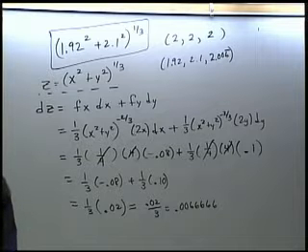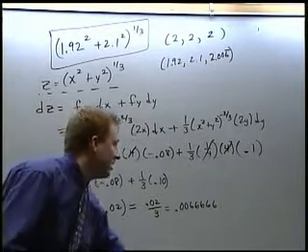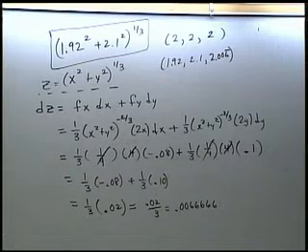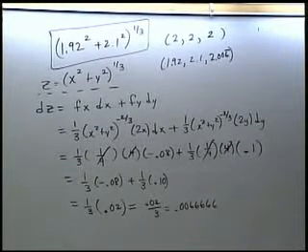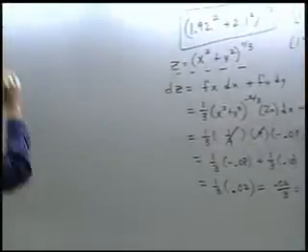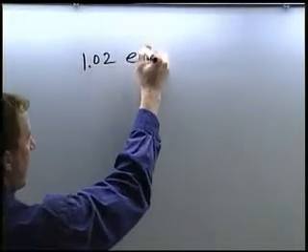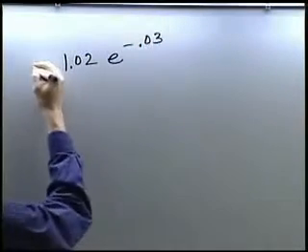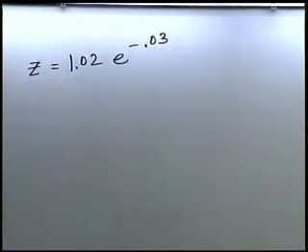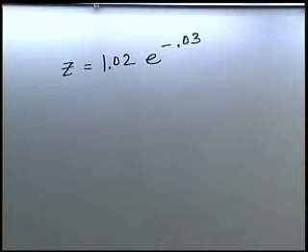Next example here. This one will actually be a little bit easier than the one we just did. What if we look at estimating the value of 1.02 e to the minus 0.03? Maybe I should have started with this one first, but this will be all right.